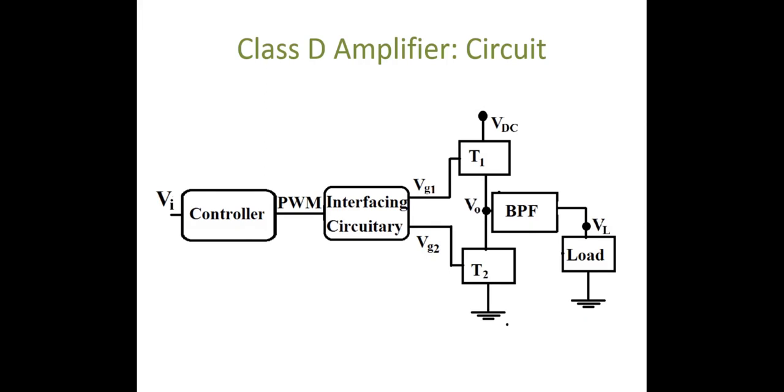Now we analyze the circuit for two states. First, in which PWM is high, T1 is on and T2 is off. And the second one, when PWM is low, T1 is off and T2 is on.